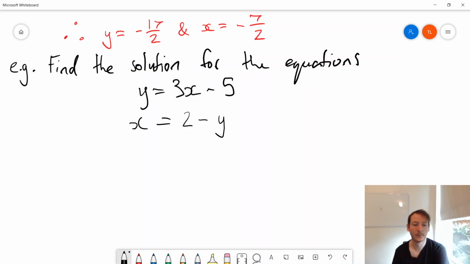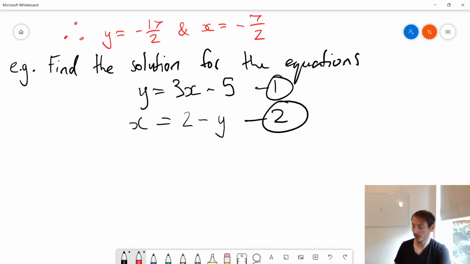Make it easy again to start with. Alright, so first of all, label it equation 1, equation 2, and then let's do our working out. Which one are we going to substitute into which equation? Well, it doesn't matter. Both are going to work here just fine.